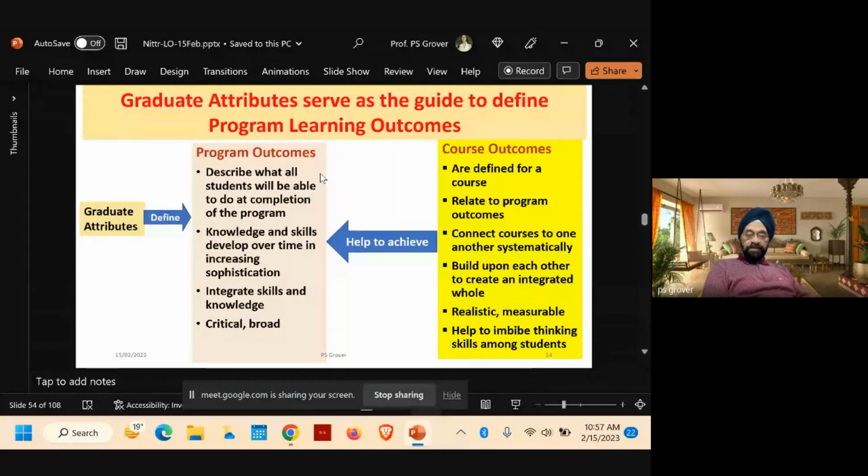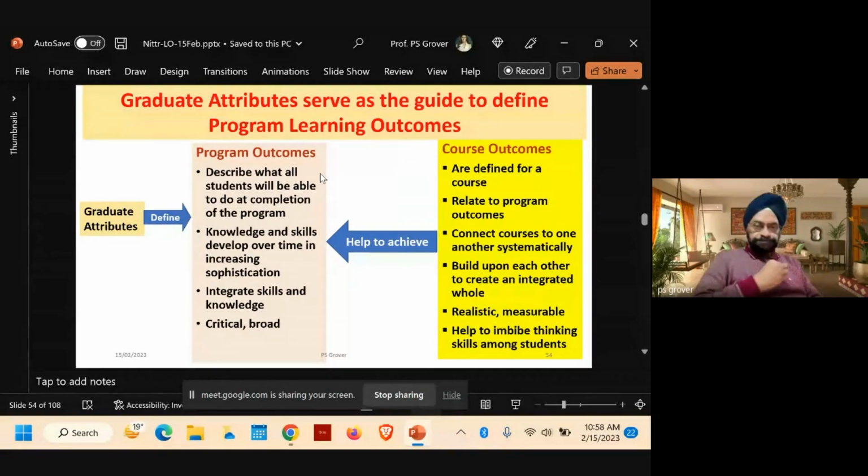See, program learning outcomes are decided keeping in view what the graduate attributes are. Now, graduate attributes define program outcomes. That means they describe what all students will be able to do on the completion of the program: knowledge and skills, and integrate and critical block. Graduate attributes help us to define the program outcome, what we should know. How to achieve that?